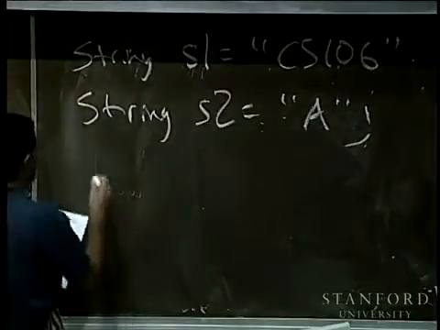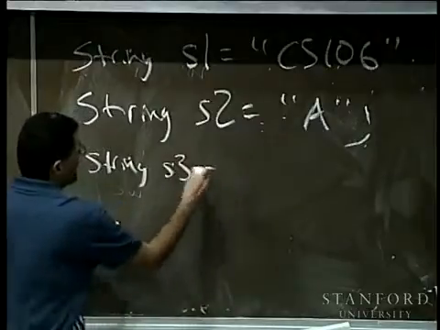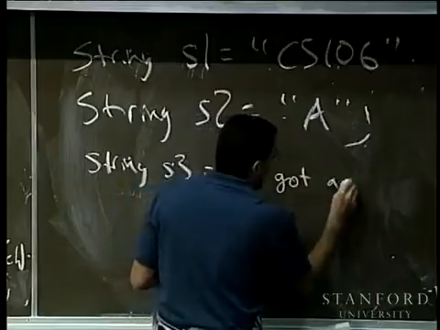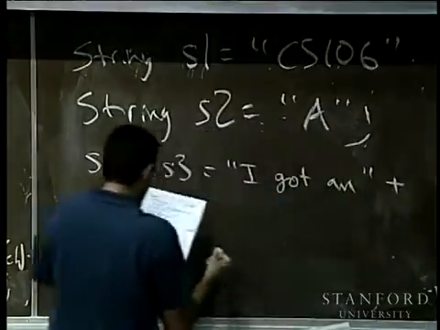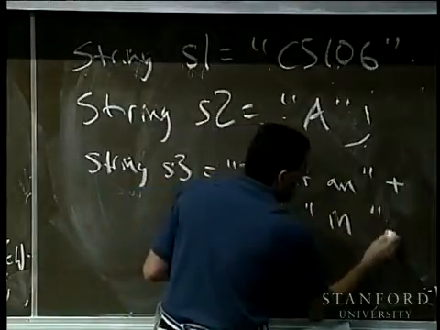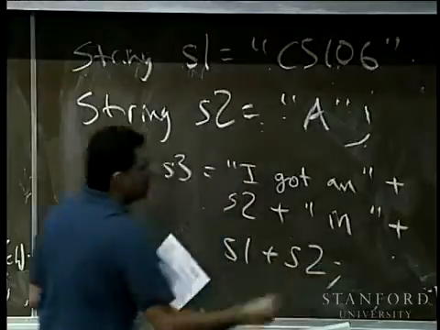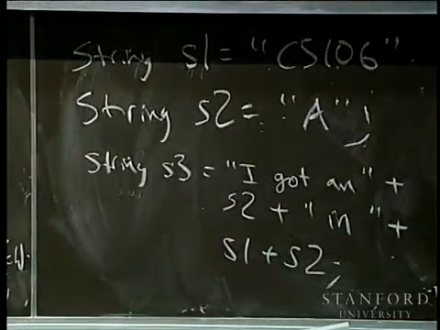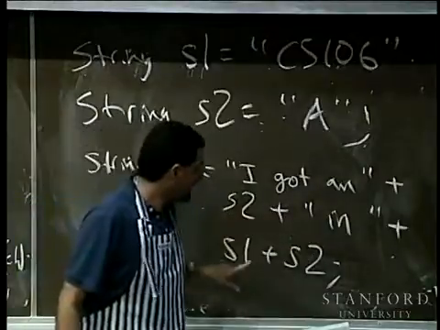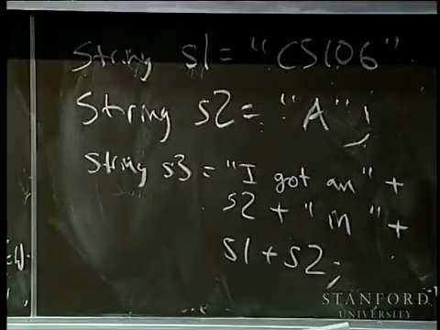And so I can create a new string, s3, by just concatenating using the plus operation. So I can say, "I got an " plus s2 plus " in " plus s1 plus s2. What is that going to give me? I got an A in CS106A, and it just concatenates them all together.